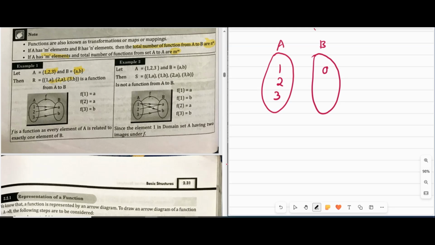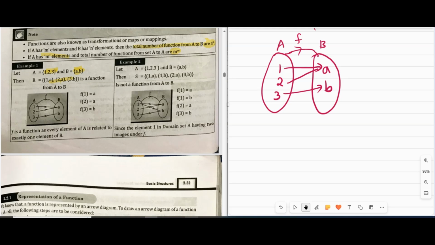The elements of B are a and b. There is a mapping from 1 to a, then 2 to a, then 3 to b. So this is a function from A to B.